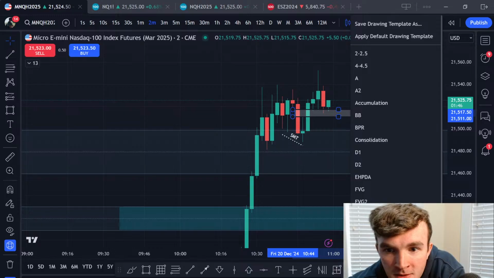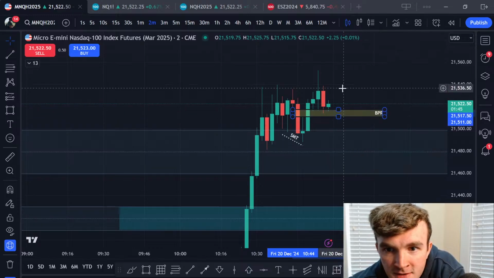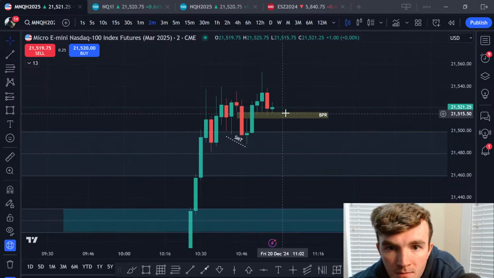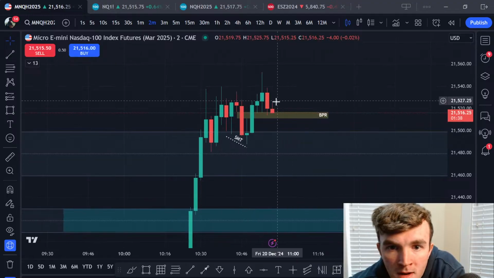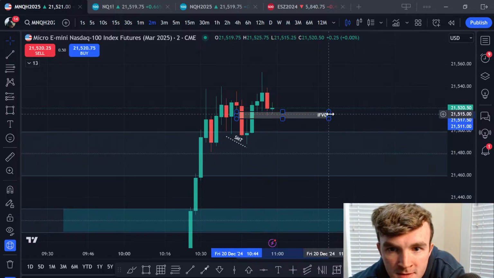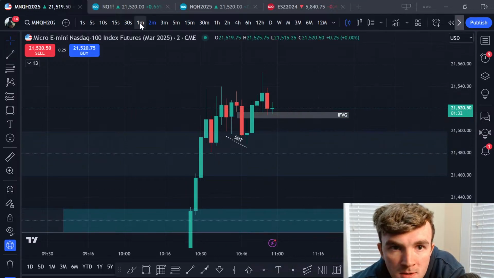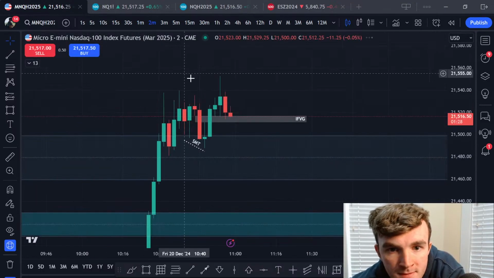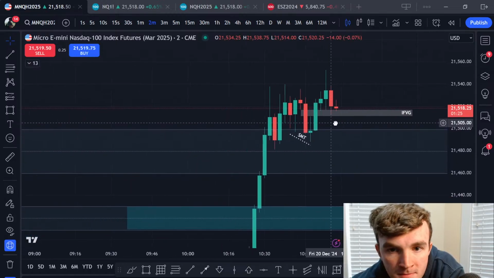Is this BPR gonna work? That's crazy if so. I'm not taking anything else. I'm done. I'm just glad I didn't copy trade today. That would have been really annoying.